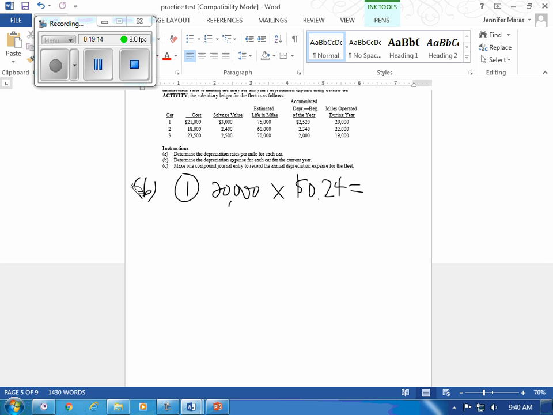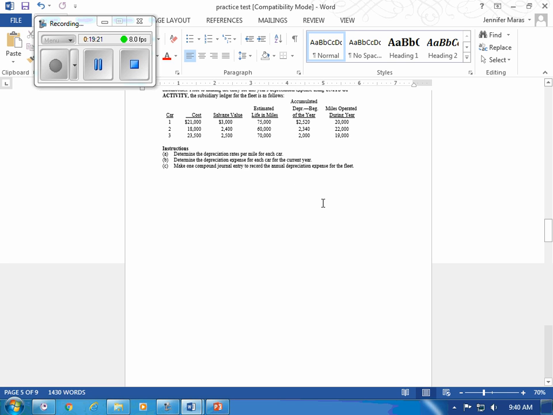The last one: make one compound entry. So just the way they state it, they don't want it to be expense, accumulated depreciation, expense, accumulated depreciation. They want you to lump it all into one. So they're just saying on all 3 vehicles, what would be the annual expense for the fleet? So depreciation expense, I'll leave that debit for just a minute.